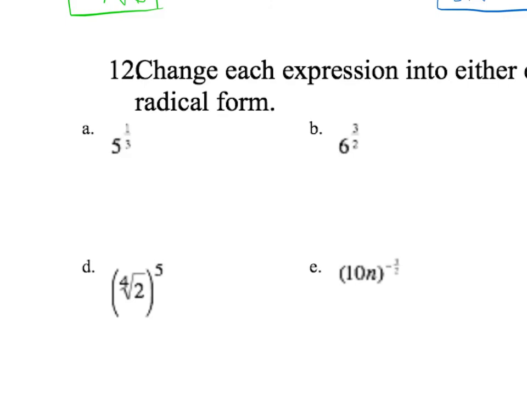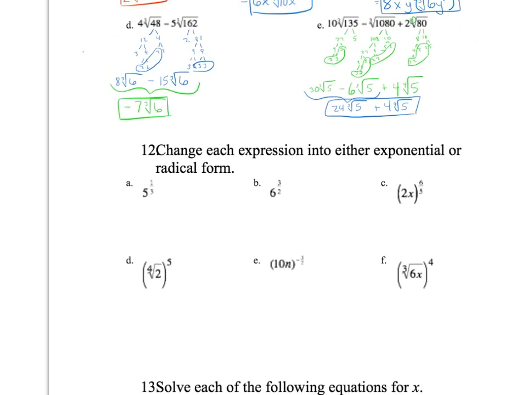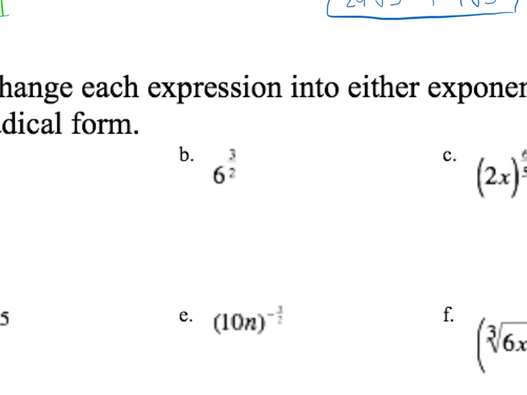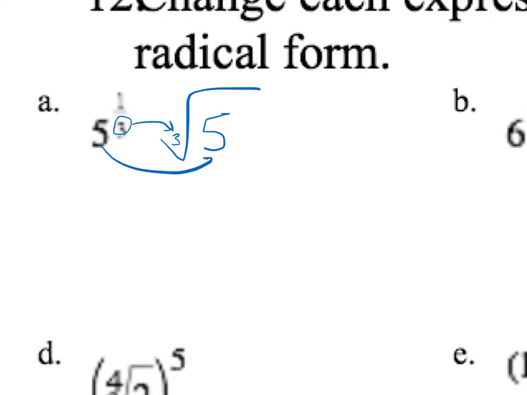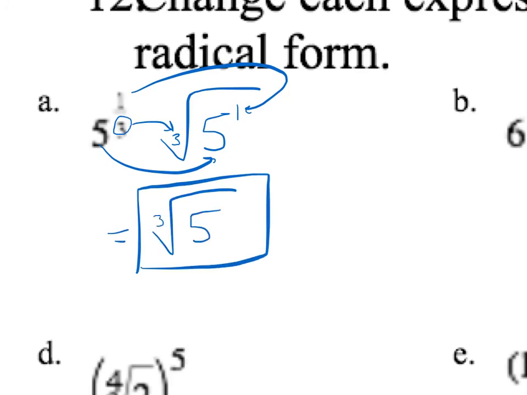So each expression needs to be changed into its opposite form. Sorry about that. So this needs to become radical form. This bottom goes here. And the top, this goes here, and this goes here. So this simplifies to cube root of 5.